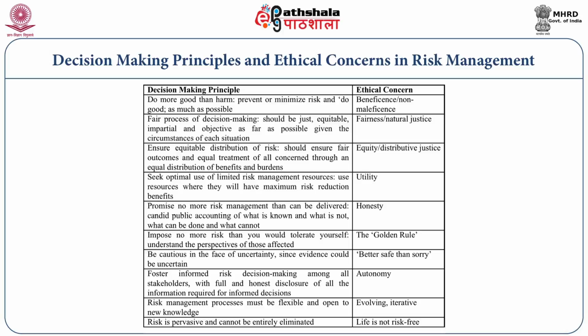The principle here is honesty. Impose no more risk than you would tolerate yourself. Understand the perspectives of those affected, and this is the golden rule. Next, be cautious in the face of uncertainty, since evidence could be uncertain. So, better be safe than sorry.